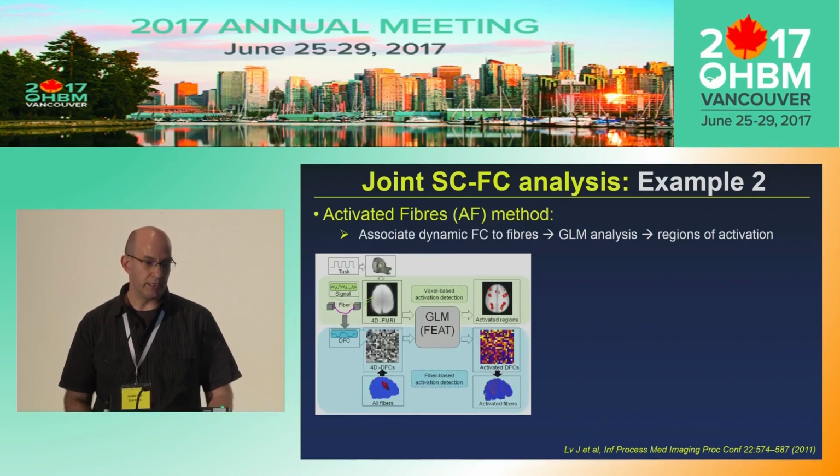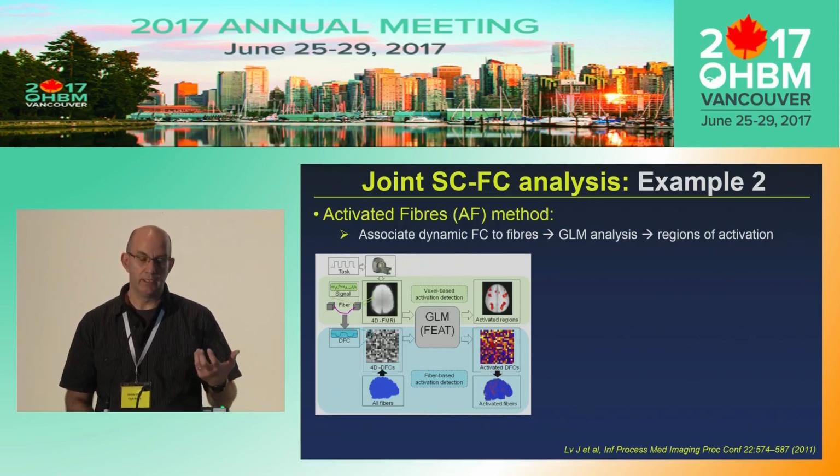What they were doing is taking a whole tractogram, and for each of these streamlines at a time, finding the endpoints of the streamline, and from the BOLD data at those endpoints, associating to that streamline a dynamic functional connectivity value. So now each streamline you can treat as a kind of pseudo-voxel, and then you can put them into a kind of virtual image, and feed it through the same GLM method and find which areas of activation are lighting up.